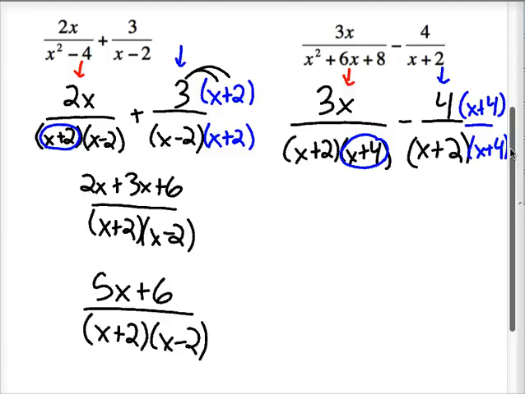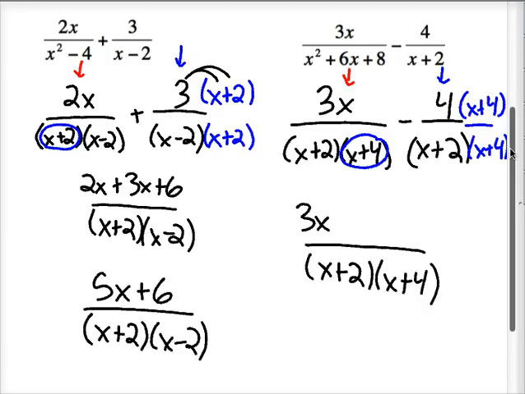Okay? So again, the common denominator is just going to be that complete piece from the bottoms. The first fraction, we didn't change it. It stayed the same, so it's just going to give us the 3x. And now here, when you're subtracting, I want you to remember that the negative distributes with the 4.